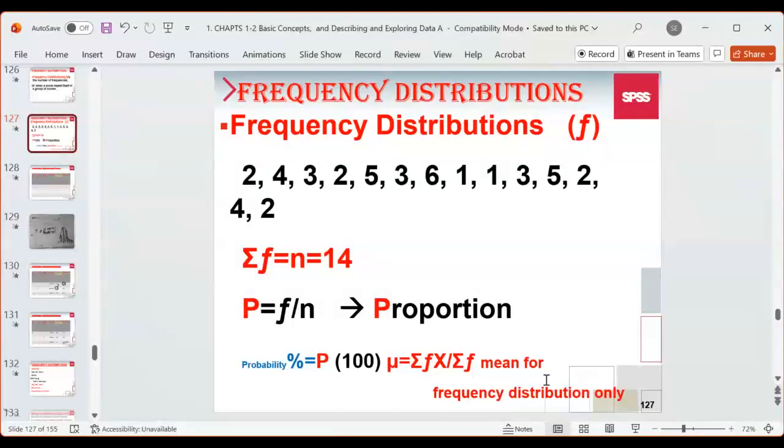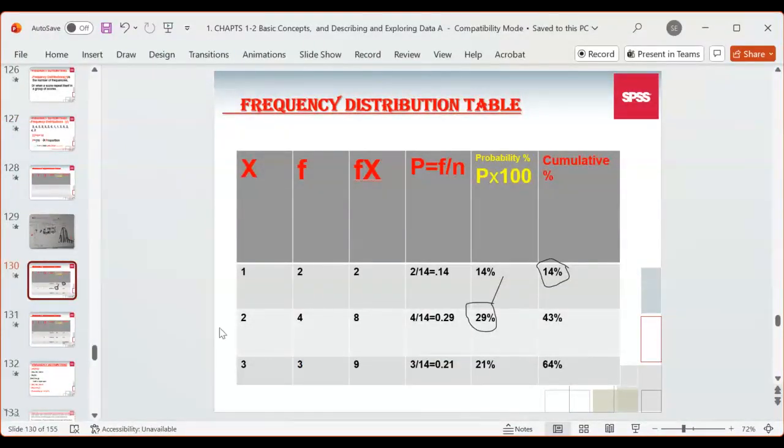That is the mean for a frequency distribution. So if you wonder why we have fx, it's because we need the sum of fx. You add them up.